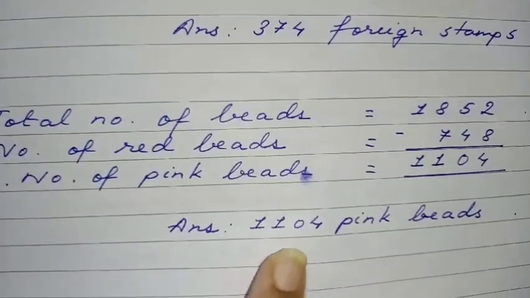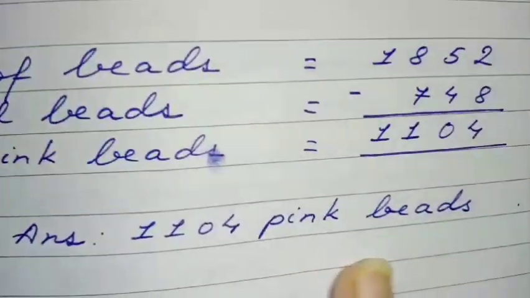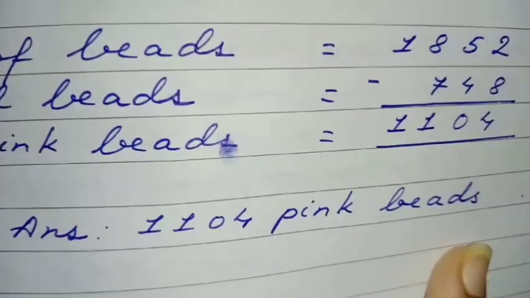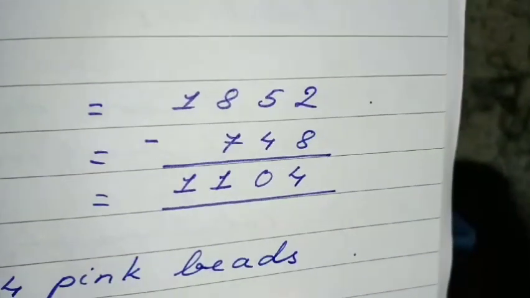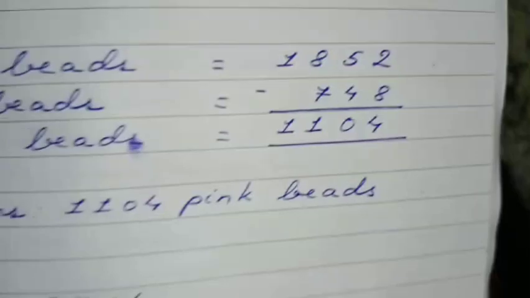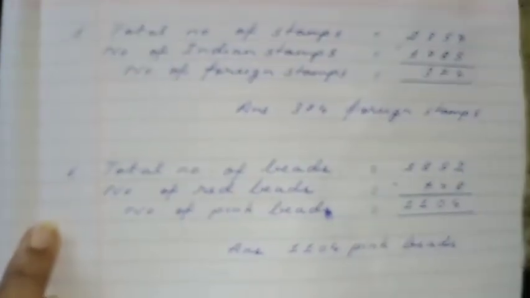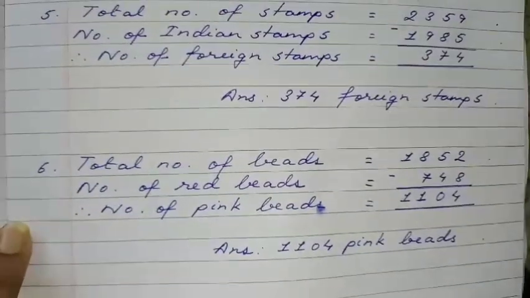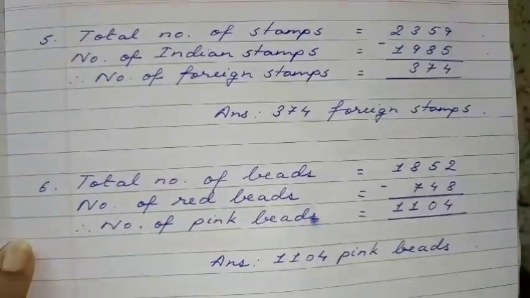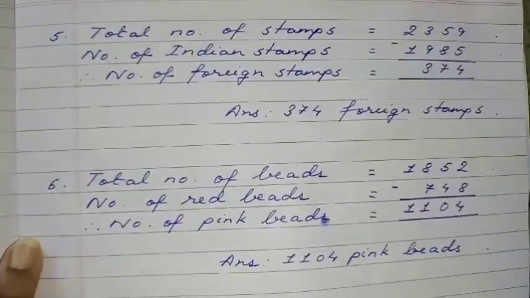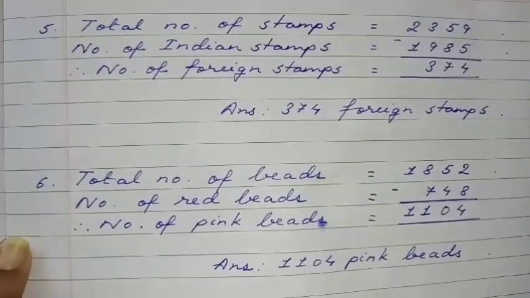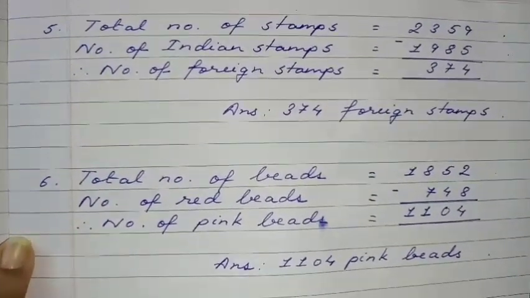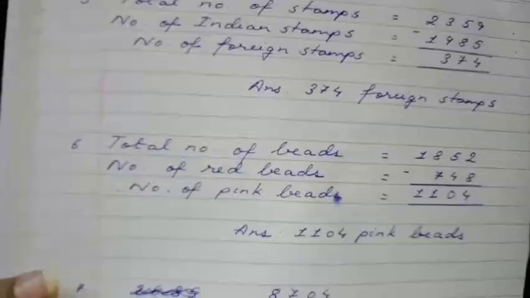Answer 1104 pink beads. Please see properly, 5 and 6. I'm going to send the snapshots. Don't worry, I'm also going to send the questions. You have to only practice it in this way. Okay, so let's go to the next one.